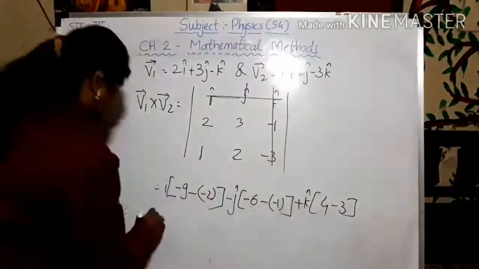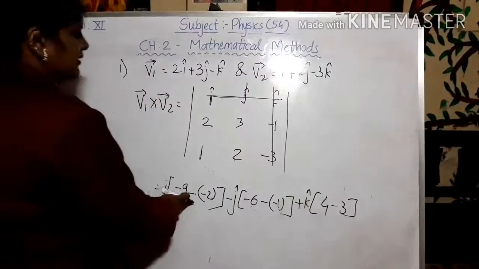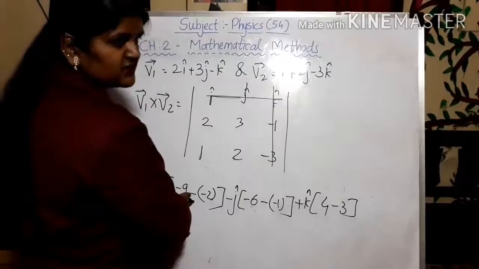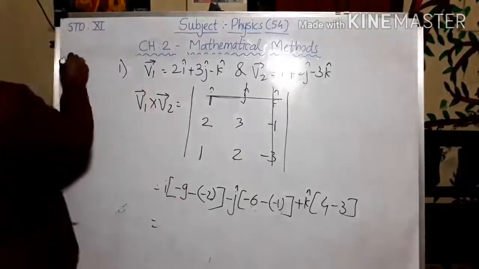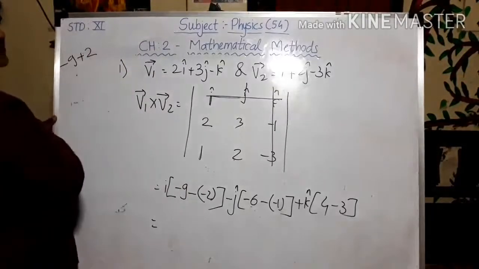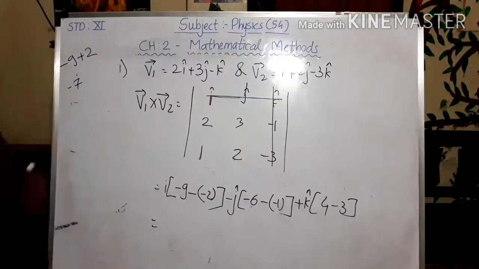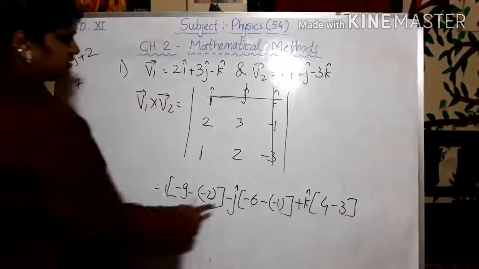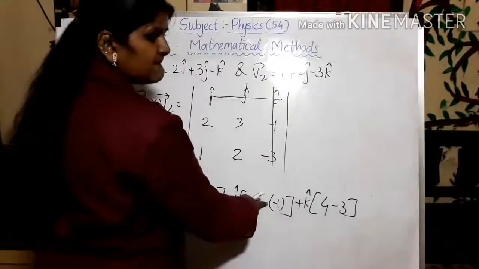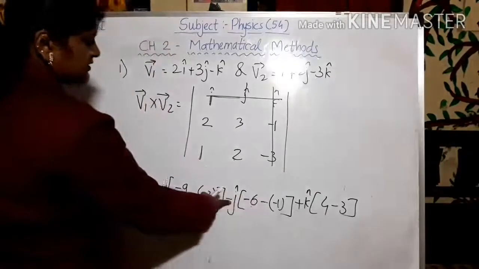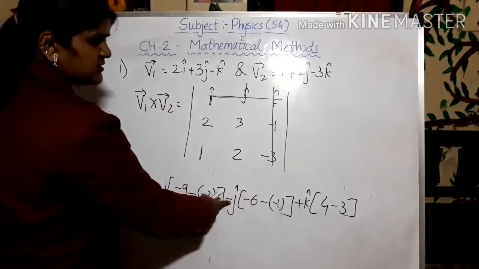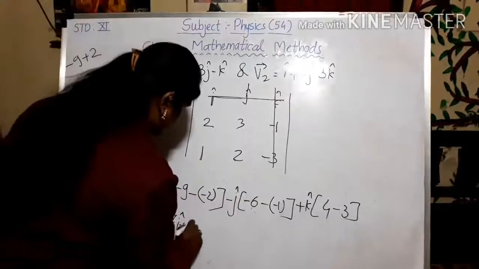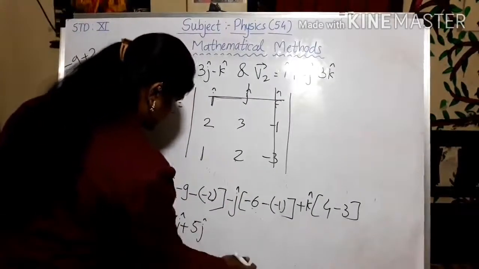So what did I get? -9 minus of -2 will be +2. So -9 plus 2, what does it come out to be? -7. So the next one you can find out in the same way. So this is first -7i, then -6 plus 1, -5, and this minus j will be plus 5j.